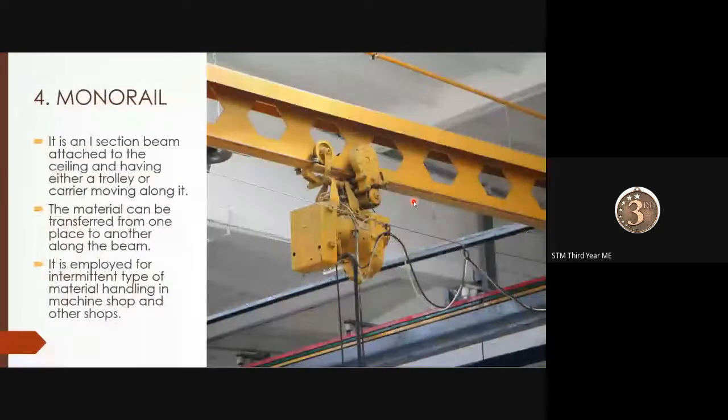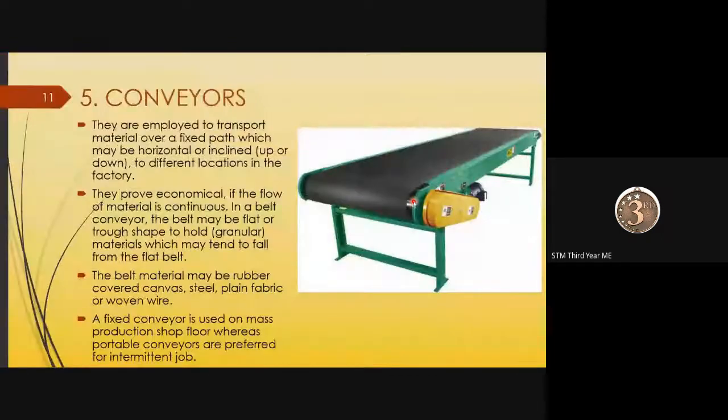Okay, so that is monorails, and finally we studied conveyors. A conveyor is nothing but transporting by means of a belt which is held between two rollers, which roll and provide a rolling motion to the conveyor belt.